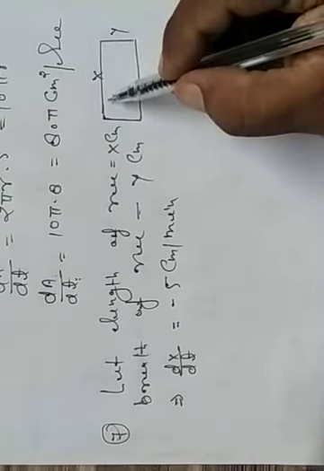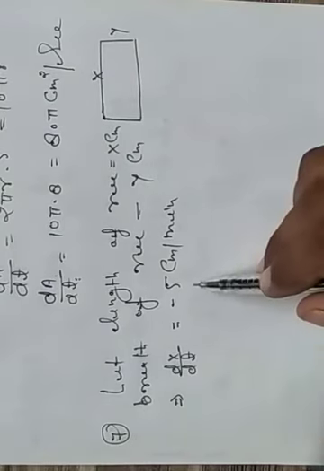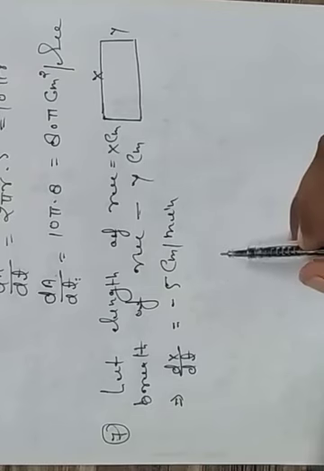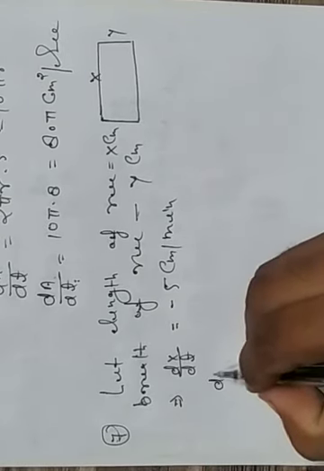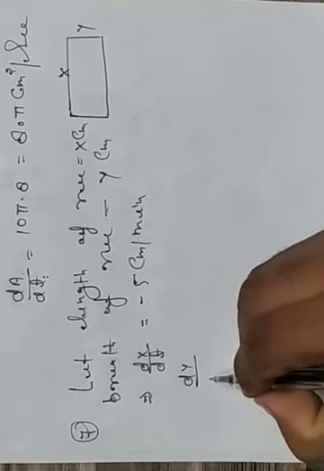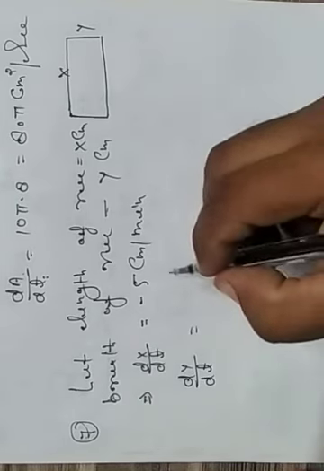So dx upon dt is minus 5 centimeter per minute, and dy upon dt is already given, which is 4 centimeter per minute.